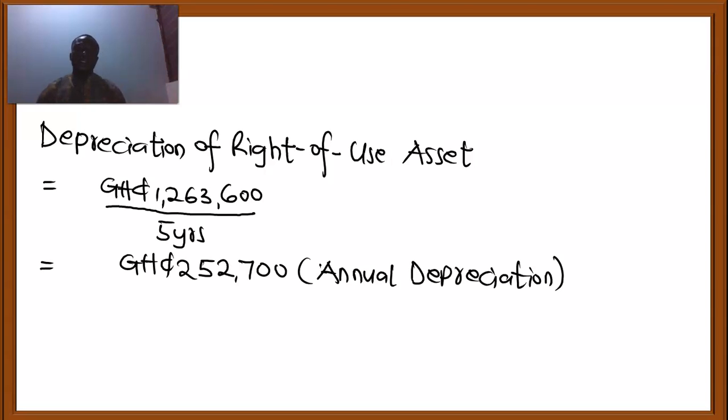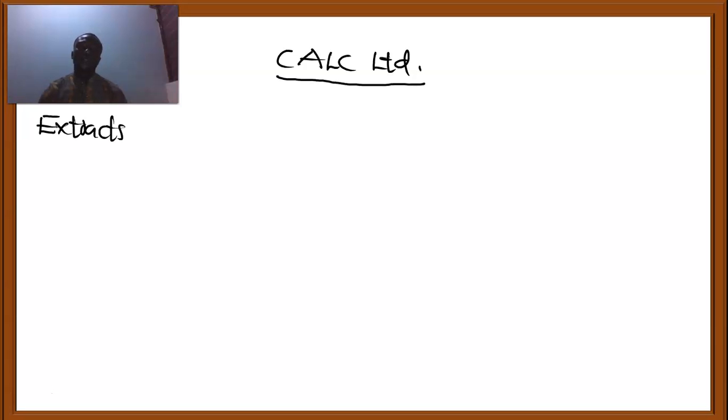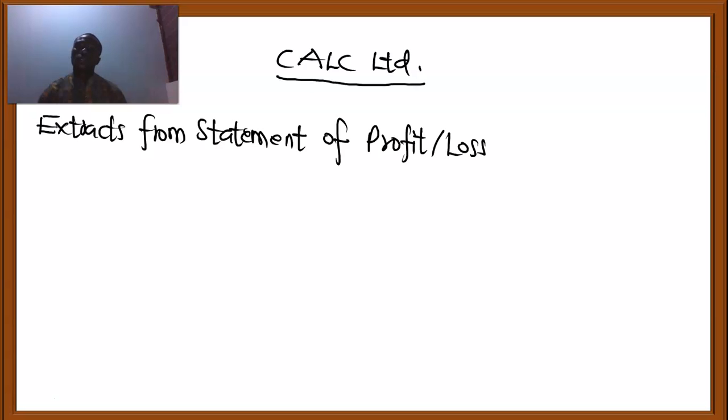Okay. Having done this, then we can now show extracts of the financial statements. So we have Calc Limited. So extracts from statement of profit or loss for 2018.